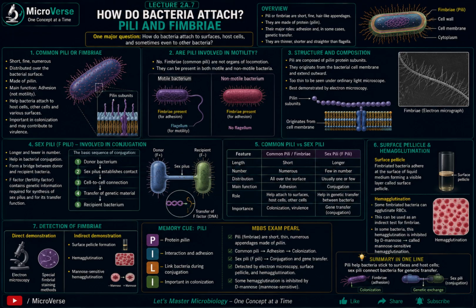This is known as mannose sensitive hemagglutination. Then detection of fimbriae. Fimbriae are very thin, therefore direct demonstration is mainly by electron microscopy. Indirect evidence may include surface pellicle formation and hemagglutination in appropriate fimbriated bacteria. These are useful in microbiological examination.